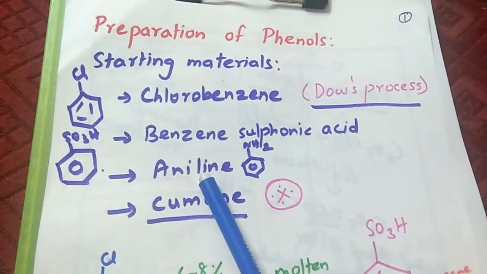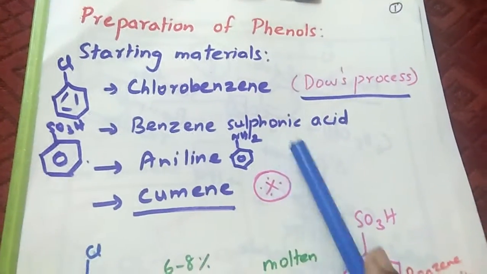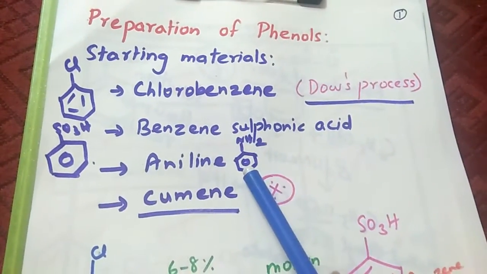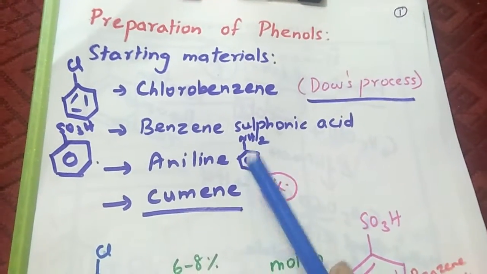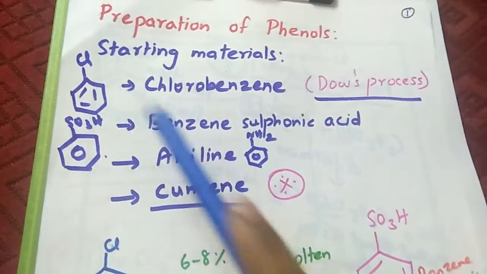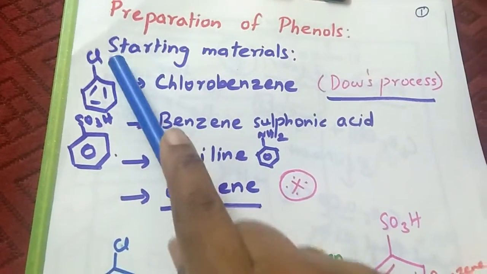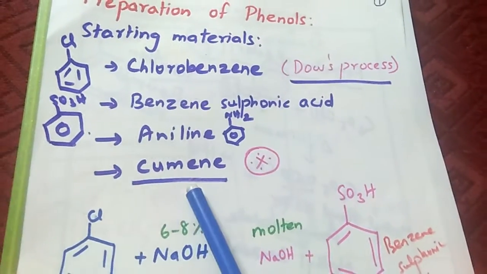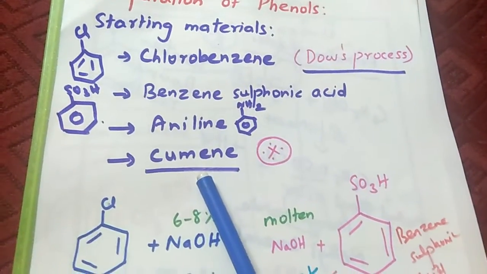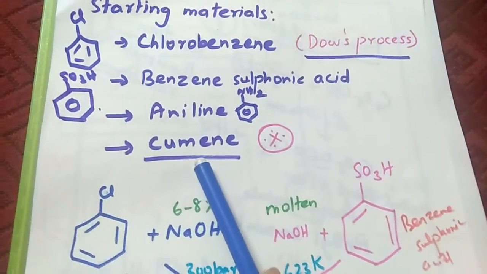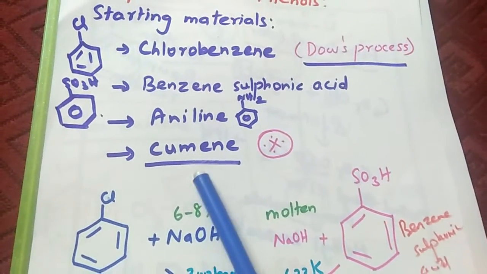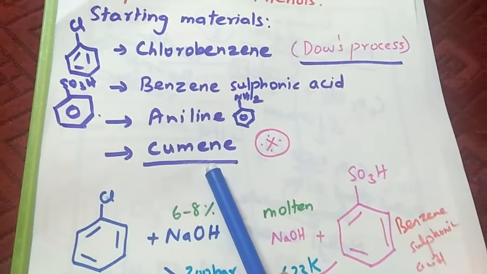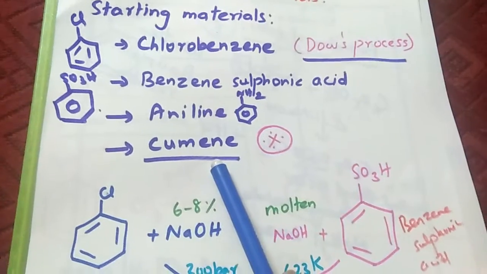Phenol can also be prepared from aniline. Aniline is nothing but aminobenzene. In all these cases, the benzene ring is attached to some other group, and this group needs to be displaced by an OH group. An important process in the preparation of phenol is the preparation from cumene. Cumene is isopropyl benzene, again a derivative of benzene.